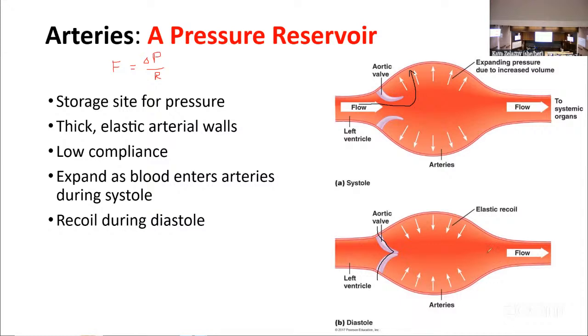And as we have this drop in pressure, we want to keep the pressure up so that we keep a pressure difference across our systemic circuit. So we're going to have this elastic recoil of the aorta, this bouncing back part of the aorta, continuing to force blood through our systemic circuit.